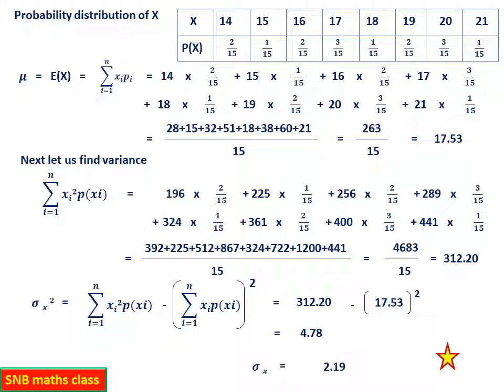Simplification I have not shown. 17.53 you have to square it, then subtract it from the first value, that is 312.20. So it is 4.78. Now sigma x is also asked, so take the square root. So it will be equal to the square root of 4.78, which is 2.19. So this is the value.